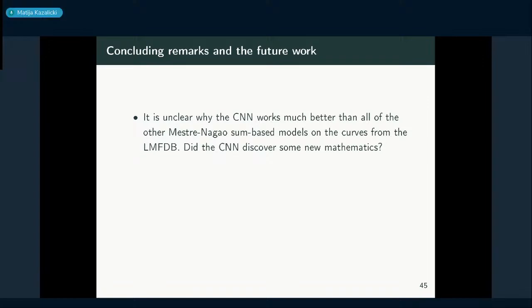It is unclear why the convolutional neural network works much better than all of the other Mestre-Nagel sums models based on the curves from the LMFDB. So the interesting question is, did the CNN discover some new mathematics? And this is something that we are investigating right now.